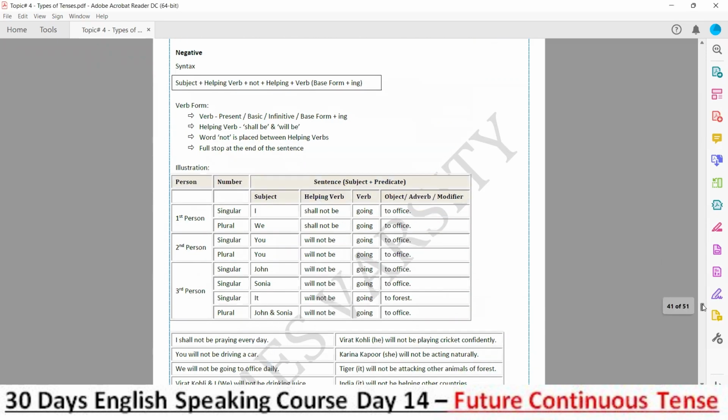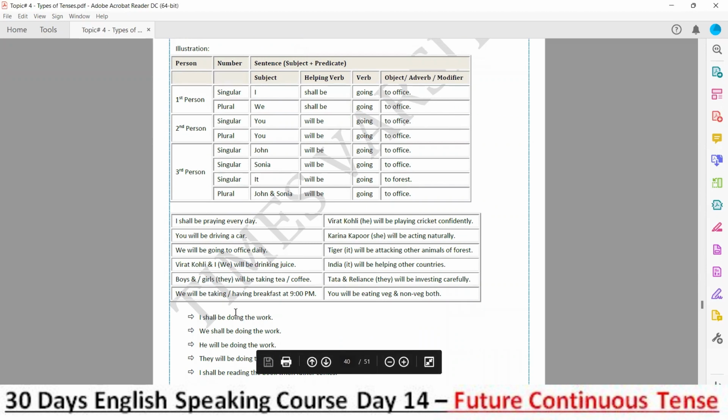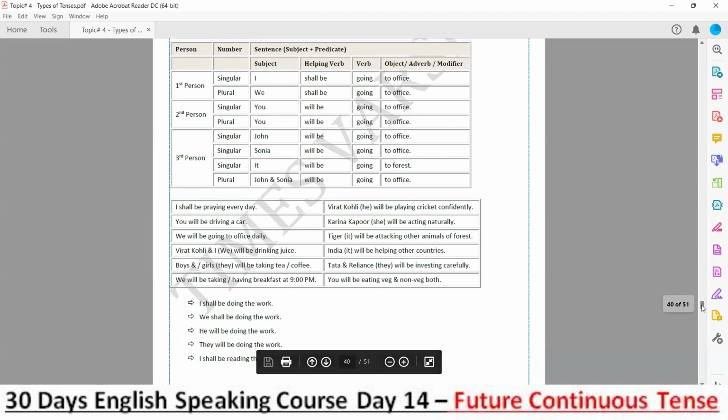Right, so now what about I should be doing, okay, so we have done this one already. Okay, let's see. Please read this sentence.